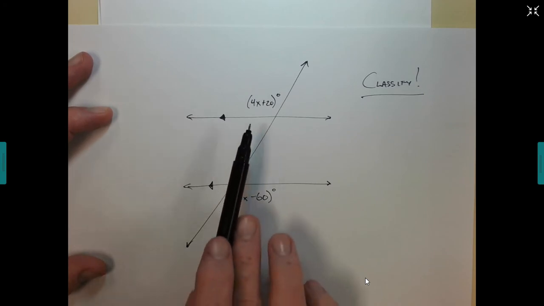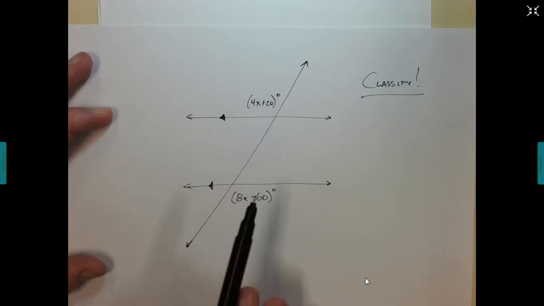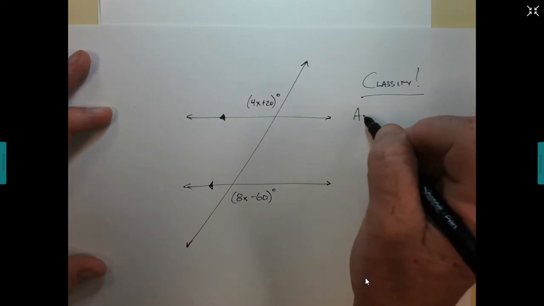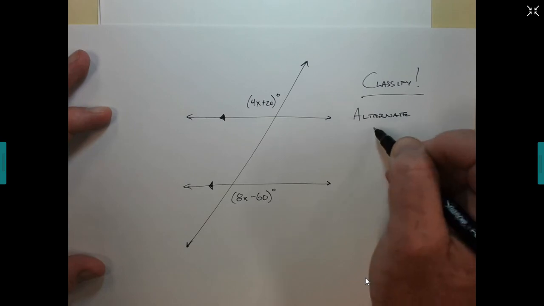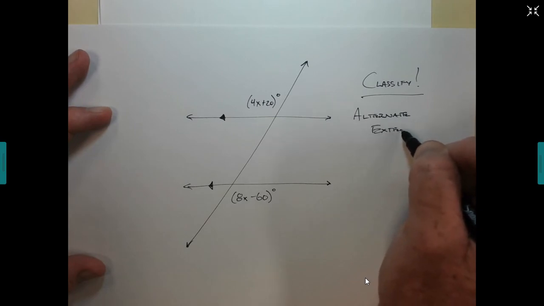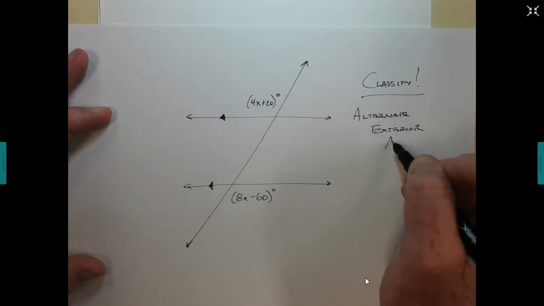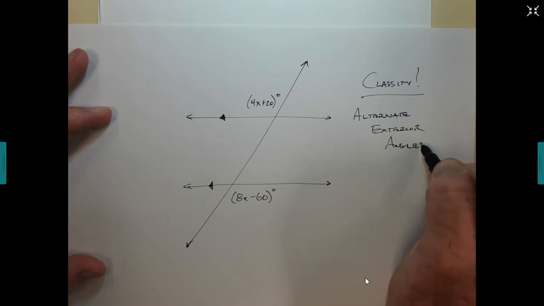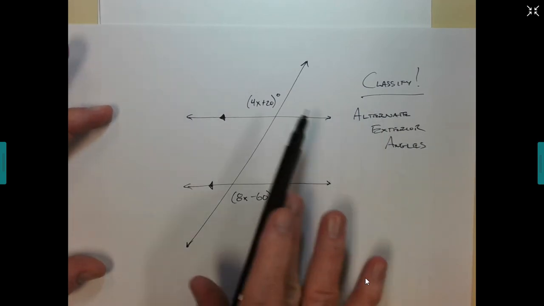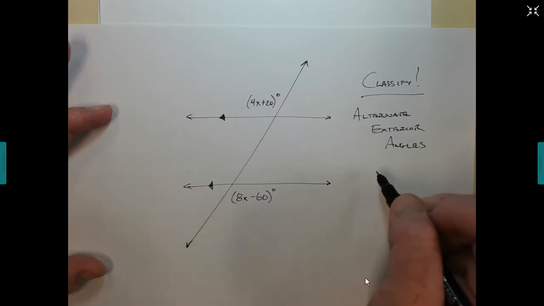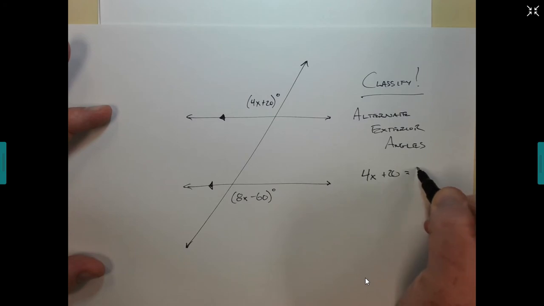These happen to be both on the exterior and they're on alternate sides of the transversal. These are alternate exterior angles. Since they're alternate exterior angles, these words aren't starting with S, so that means these aren't supplementary. They're congruent, which means I can set one of them equal to the other.